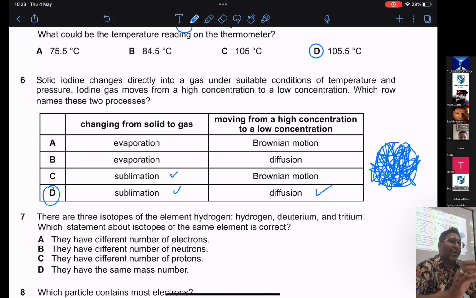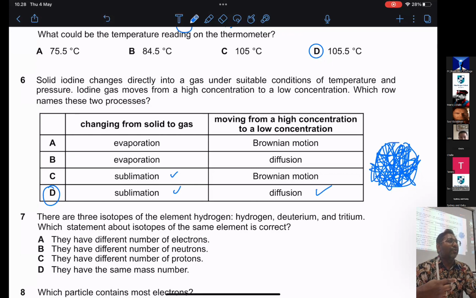I do not know his full name. He was observing dust particles on a microscope or some device, and he noticed that the dust particles keep on moving randomly, like what I showed just now.